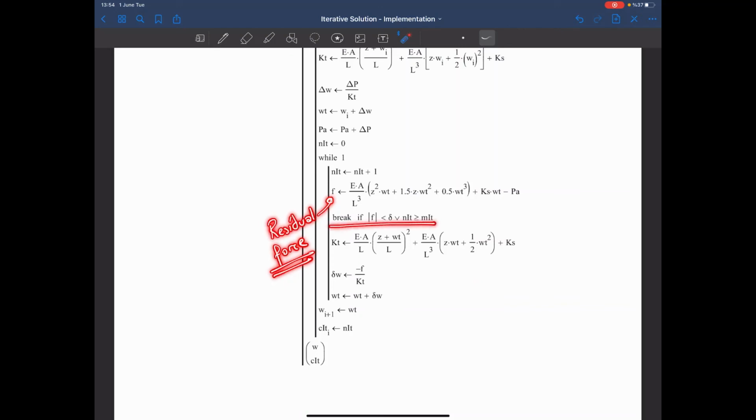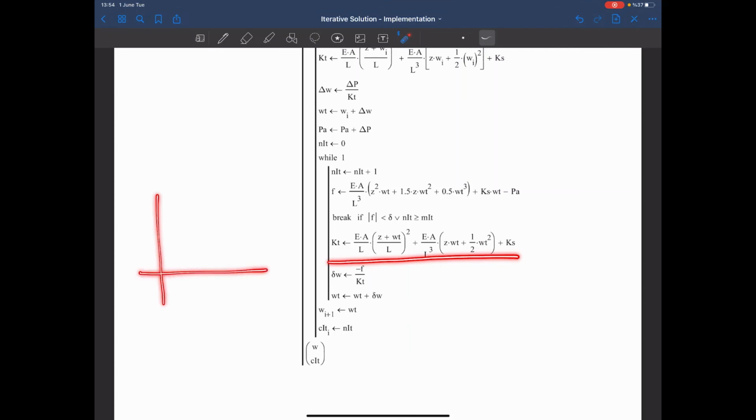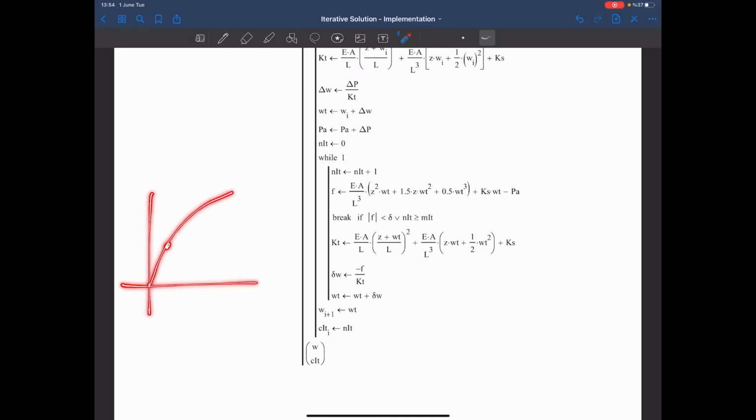Now if it is not equal to 0, I'm calculating the tangent stiffness. So remember that we are at this point, I'm calculating the slope, I'm calculating this tangent stiffness, I'm giving the residual force. So here we are giving the residual force F, and we are getting a better approximation.